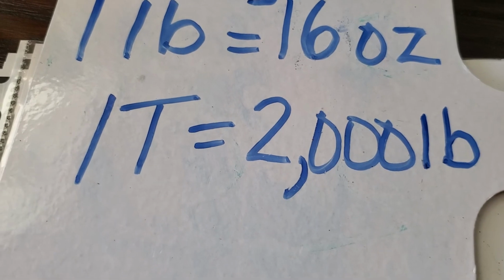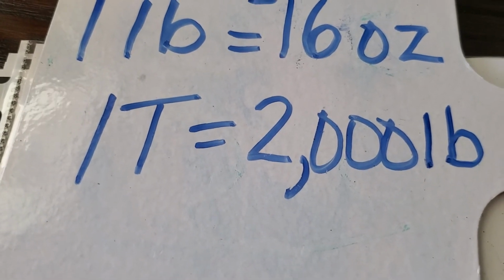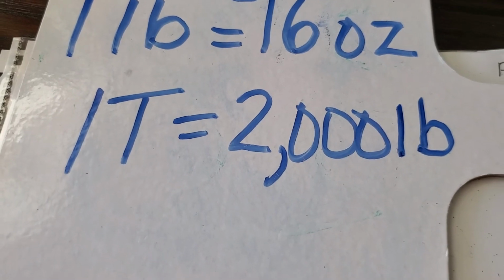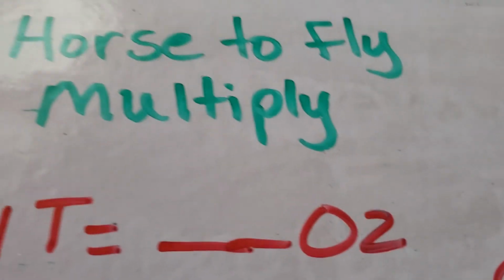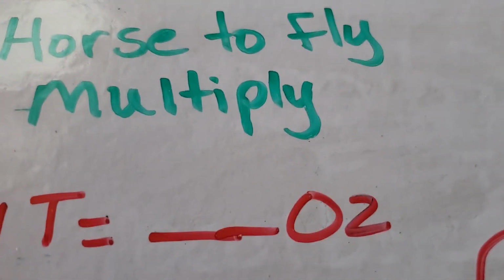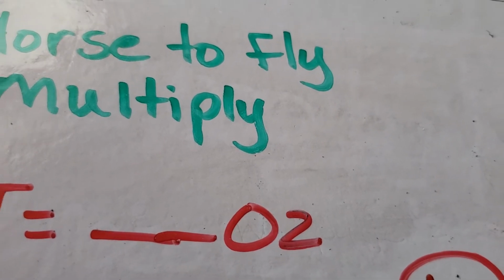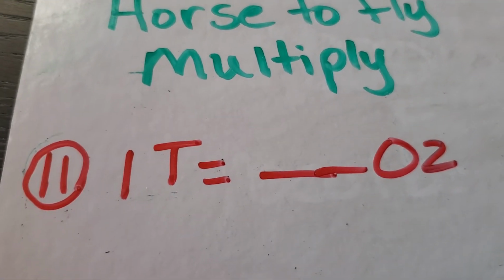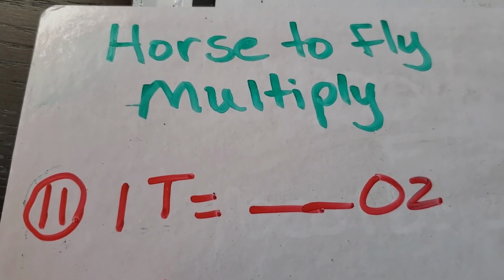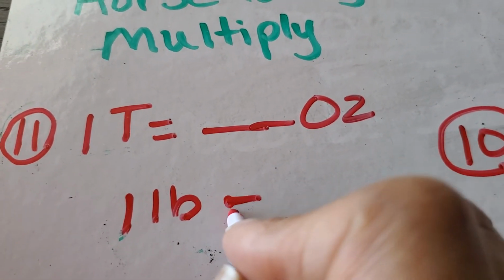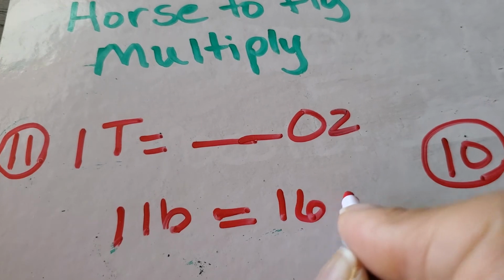So what we're going to do is simply change our pounds to ounces. And you said, well, I don't see any pounds. Okay, so think about this. 1 pound is equal to what? 16 ounces.